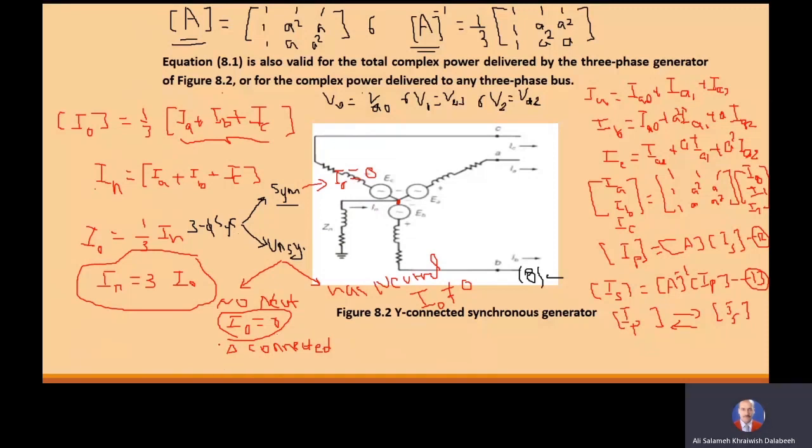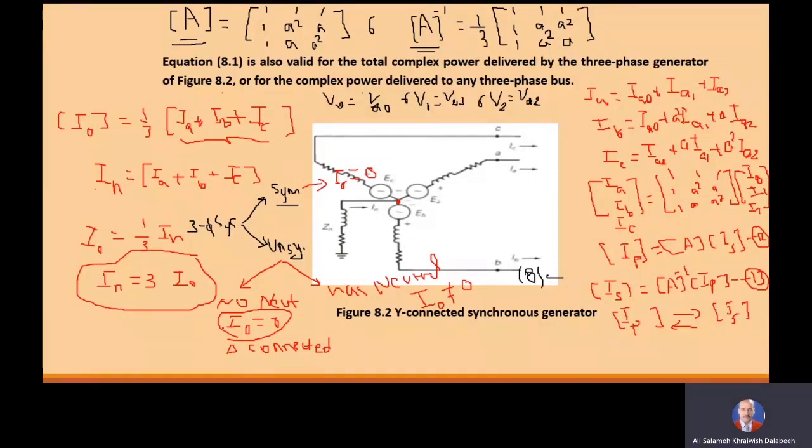So as you see, I naught in general may show us the situation of the system, or may tell us whether the system is symmetrical.